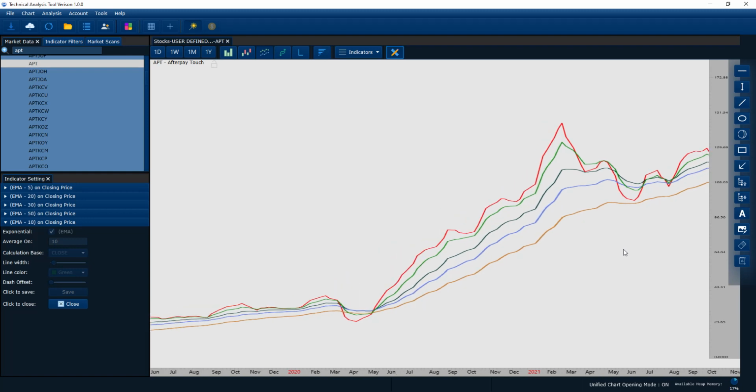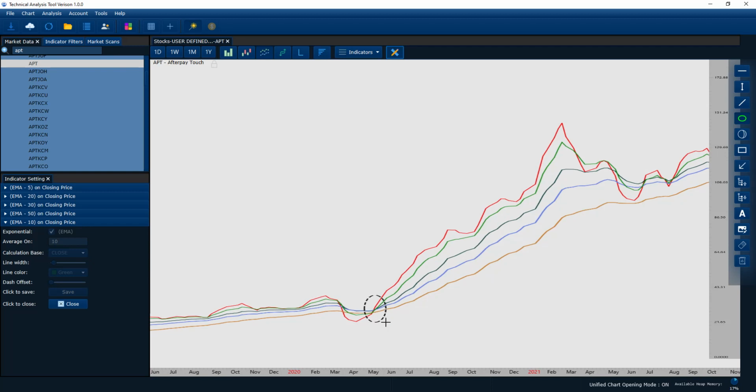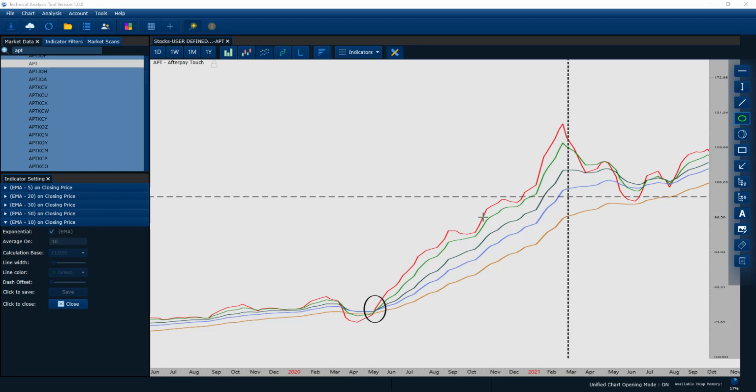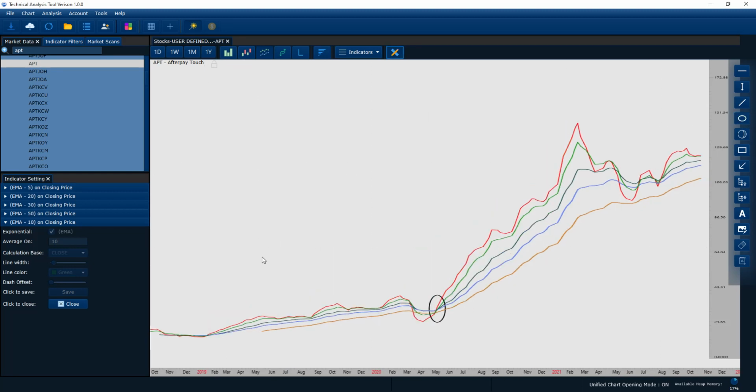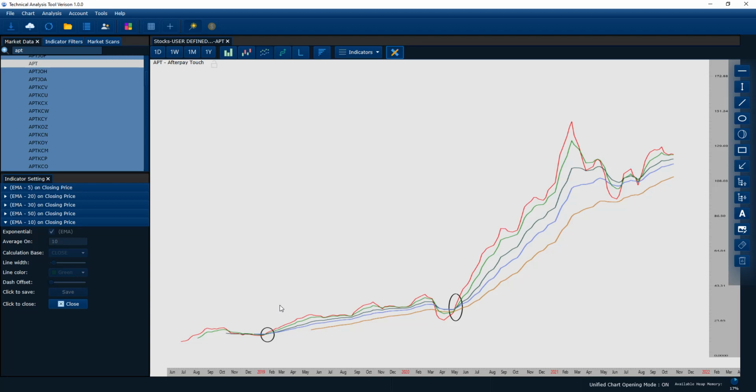To the contrary, when all the moving averages cluster together, like here, the fastest moving average and the slowest moving average clustering together to form a point, this is a very ideal price to buy, right?